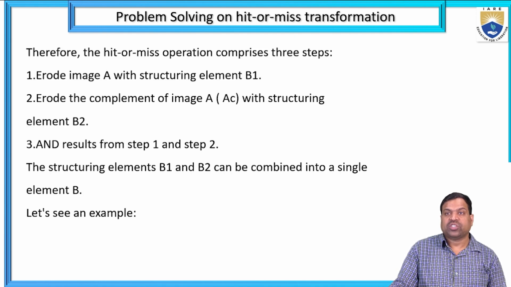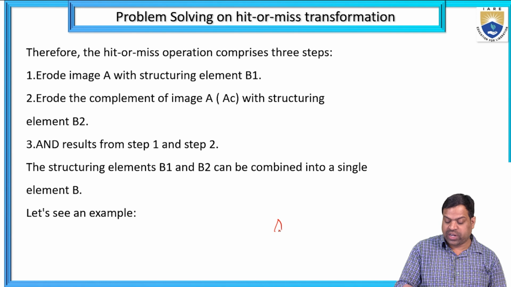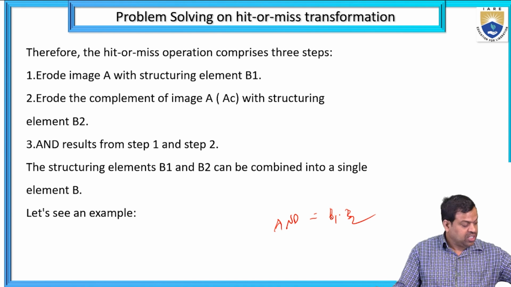Therefore the hit-or-miss transform comprises 3 steps: erode image A with structuring element B1, erode the complement of A with B2, and then combine the two with an AND operation, B1 and B2.